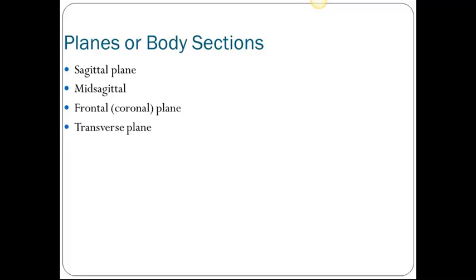So these two can also be called medial or median, so you might see that throughout this course. The frontal plane splits the person lengthwise, so it divides us into an anterior and posterior section, so a back section and a front section. And then the transverse plane splits us and divides us into upper and lower sections, typically at the waist. So those are the different planes that you will see.